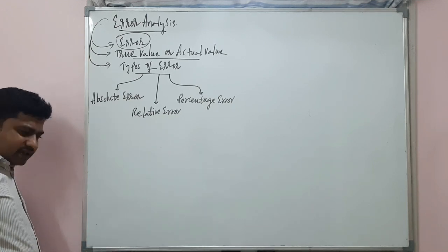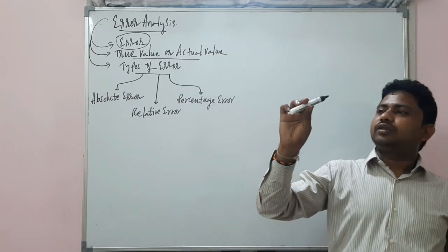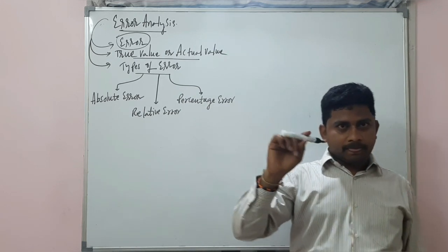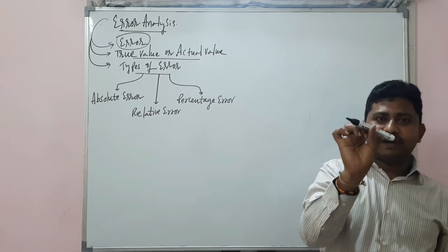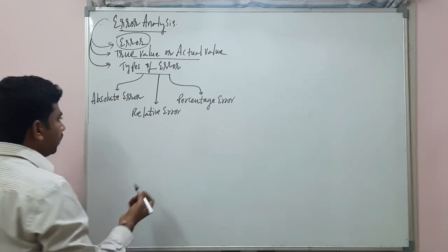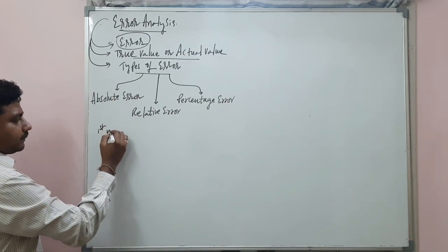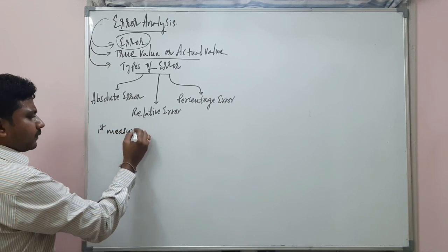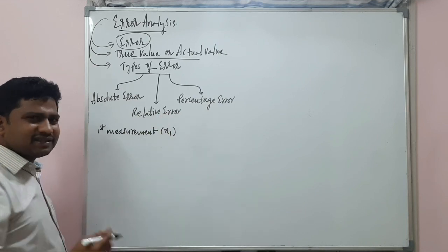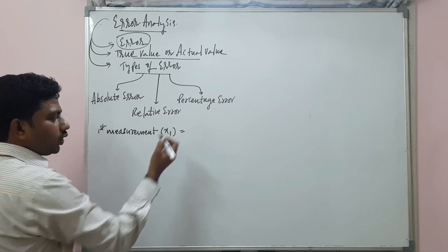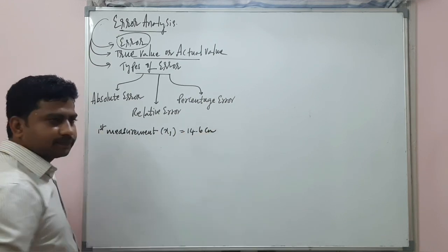As we have discussed in the last class, I had measured the length of this object. First I have measured and got, carefully see, first measurement, let me take it as an individual measurement. I'm just naming it as x1. So I've got this x1 as 14.6 centimeters.